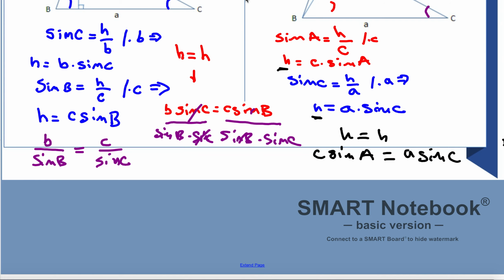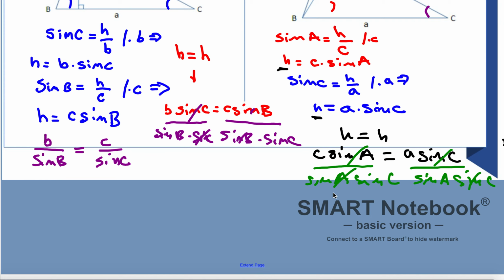And now, with the same idea, we divide everything by sine A times sine C, and the same thing on the other side. Sine A with sine A we can simplify, and sine C with sine C we can simplify. What are we going to get?